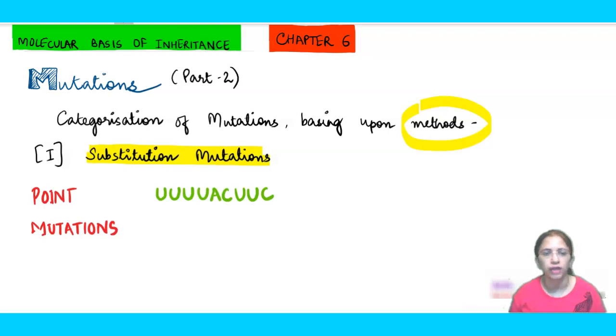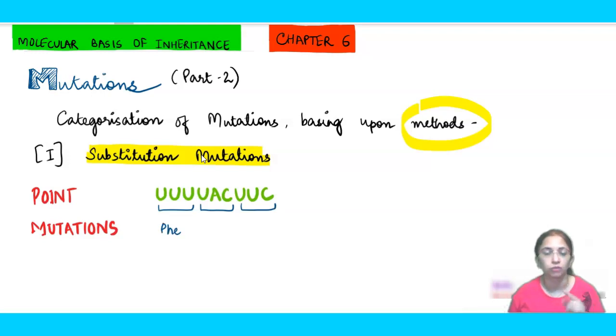Now you know that to read the information we are required to make triplets, because information occurs in triplets and each triplet is known as a codon. Okay, so information exists in the codon form. If you have learned, UUU always codes for phenylalanine.